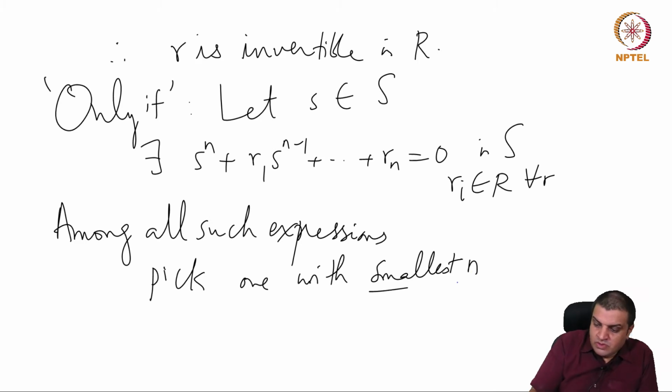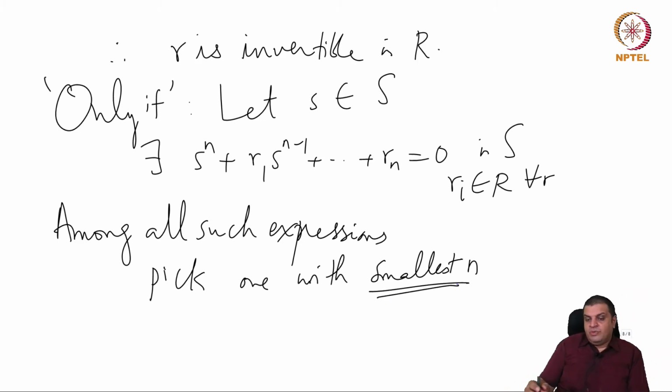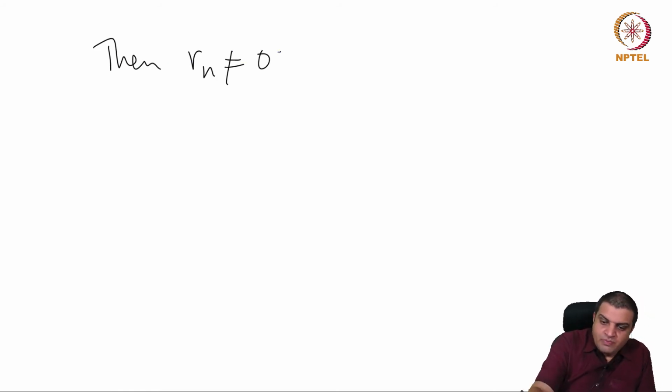This is important. We pick the one in which the degree of this polynomial is the least. That's possible. For that one, r_n is not 0.